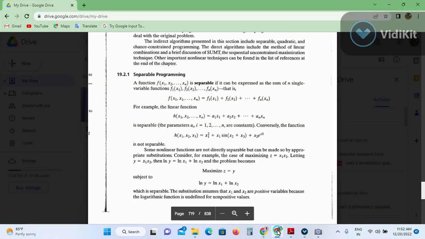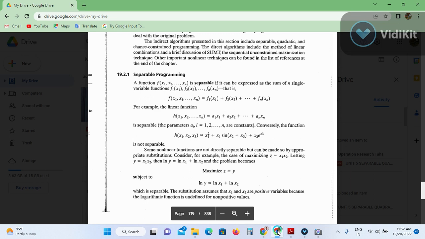So what does separable programming mean? A function is said to be separable if it can be expressed as the sum of n single-variable functions, f1 of x1, f2 of x2, and so on, fn of xn. That is, f can be expressed as the sum of n functions involving n variables.